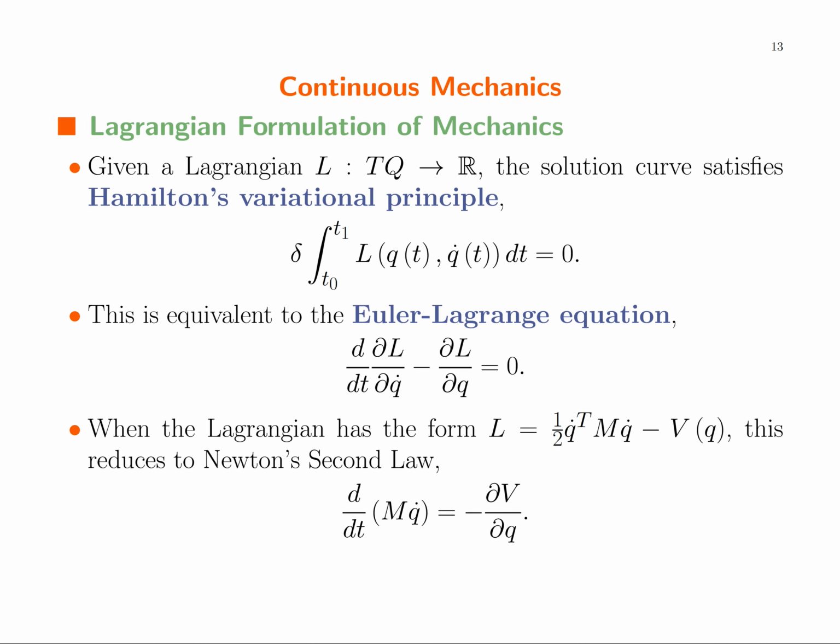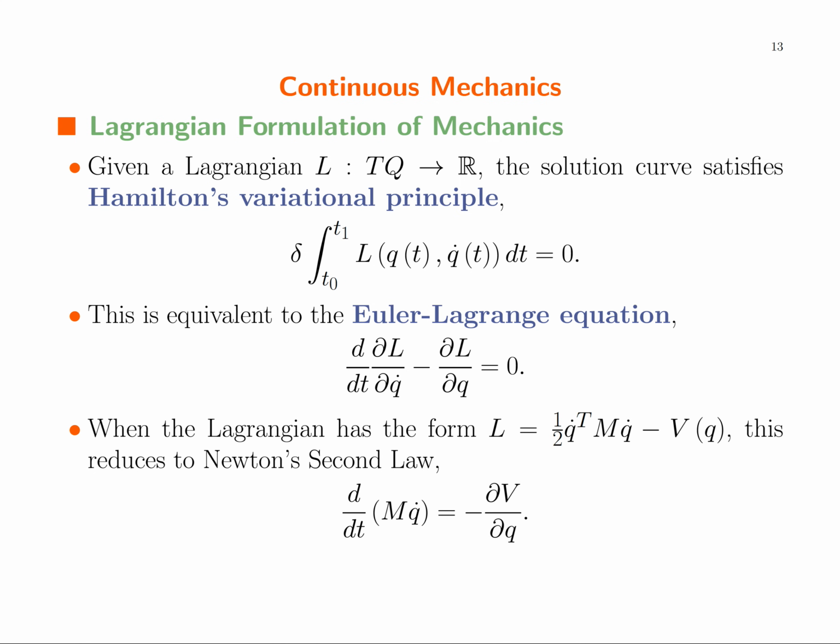If you have a Lagrangian L, which is a function of the tangent space to the configuration bundle, which has local coordinates, positions, and velocities, and this is a scalar function, then the claim is that the solution satisfies what is called Hamilton's variational principle. It says that the integral of this Lagrangian, when you vary it, so this is what this delta represents, a variation of that action integral, is stationary.